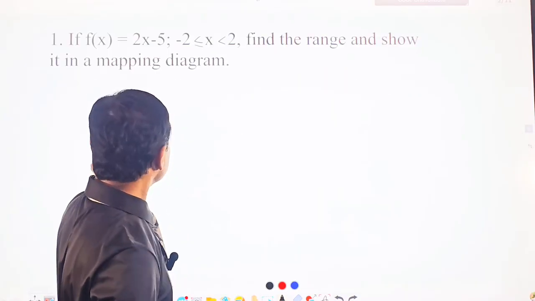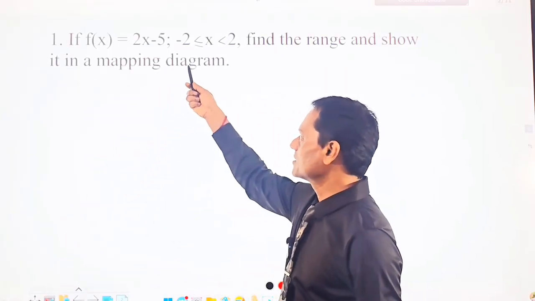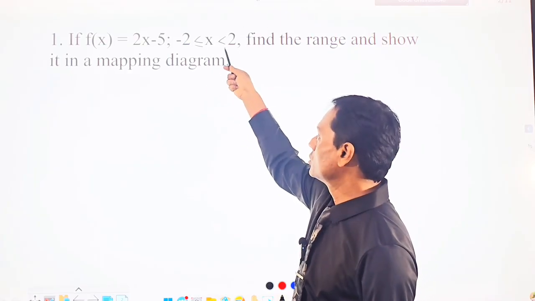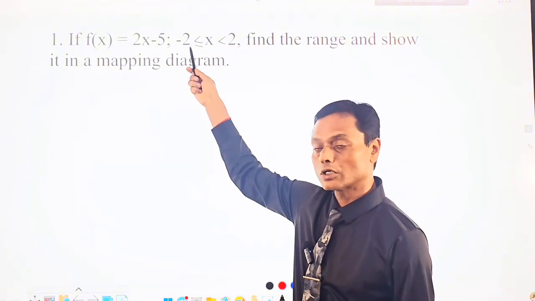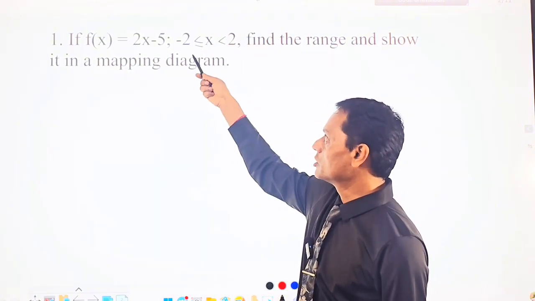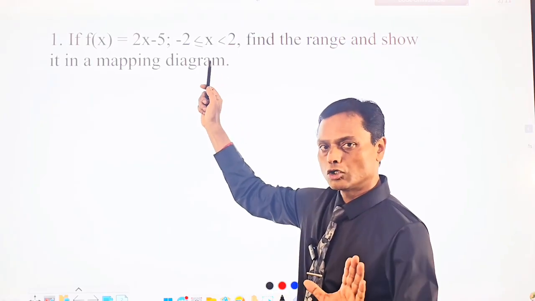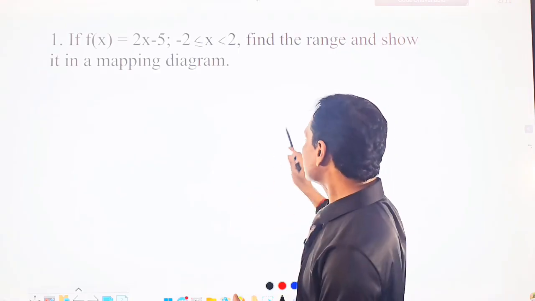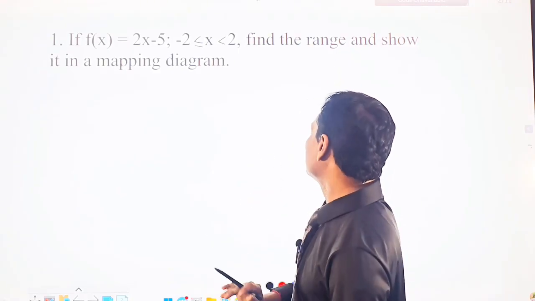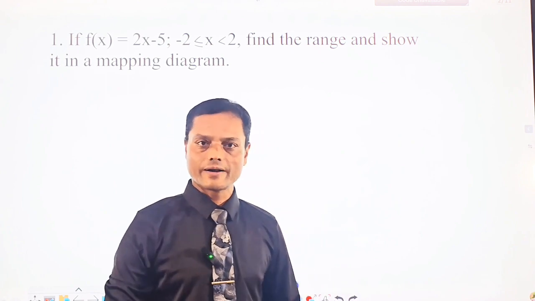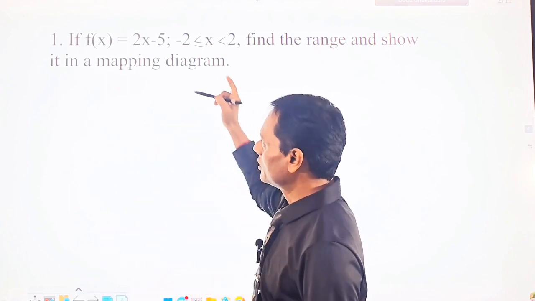Moving forward, I have explained some questions. The first one is, if f(x) equals 2x minus 5 and the values of x lie between minus 2 to 2, but the values of x are actually minus 2, minus 1, 0, 1 and not 2. You can see here the value of x is less than 2, right? So under this condition, I'm going to find out the range and show it in a mapping diagram. So first of all, this is the function.